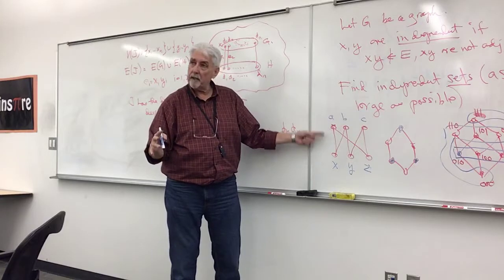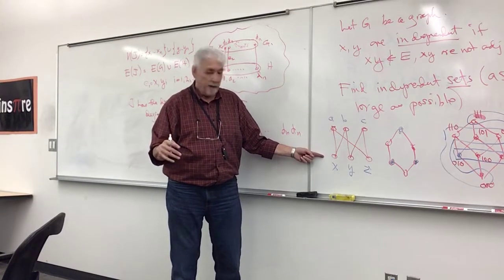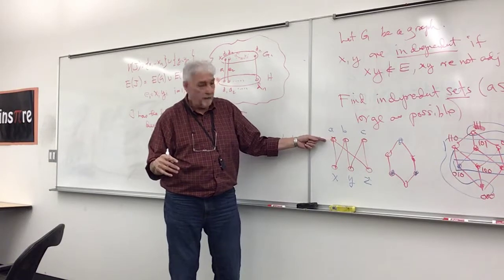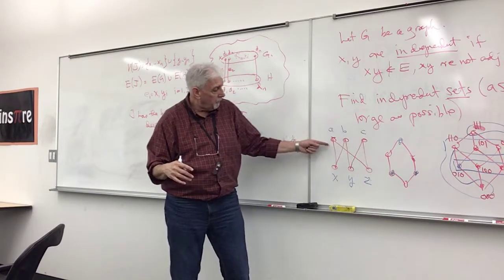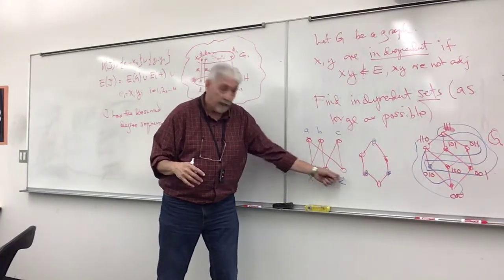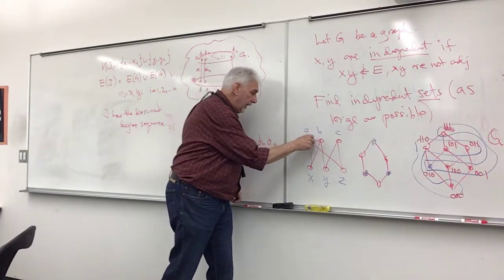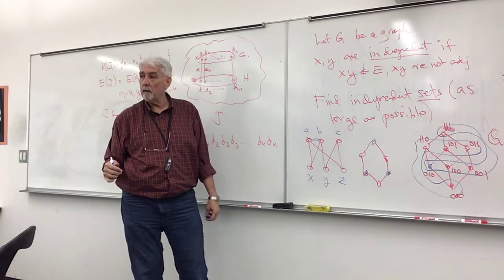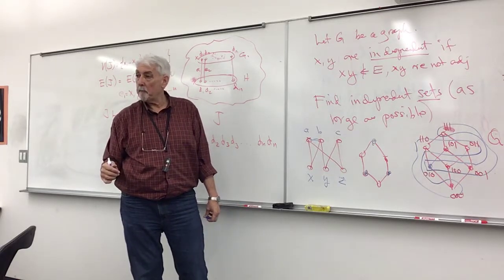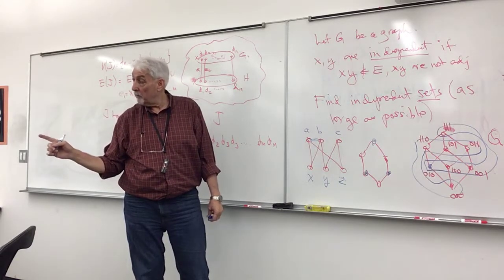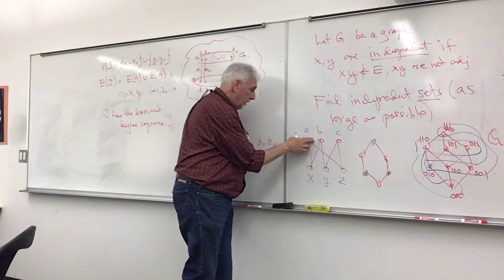Here's a bipartite graph. This is C6. There are certainly edges that I can add. The partition of the vertices is into two independent sets, A, B, C and X, Y, Z. If I add this edge in, is A, B, C an independent set? As long as you match between the two elements of the two different sets.